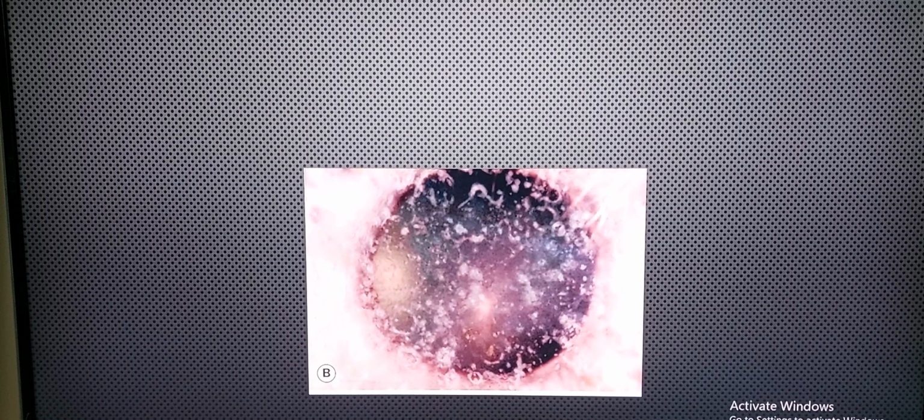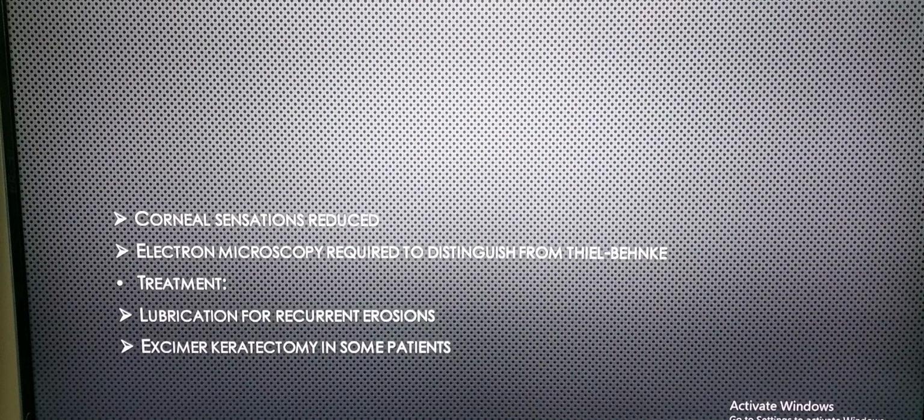This picture shows subepithelial gray-white opacities, which are most dense centrally. The corneal sensations are reduced and electron microscopy is required to distinguish it from Thiel-Behnke dystrophy. The treatment is lubrication for recurrent corneal erosions, and excimer keratectomy is required in some patients.